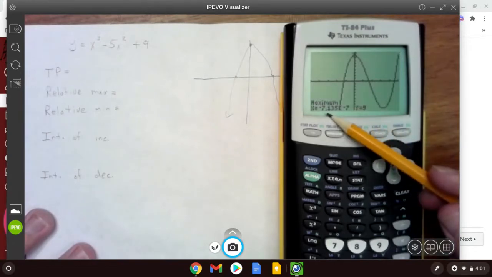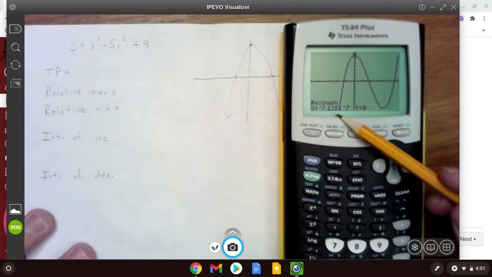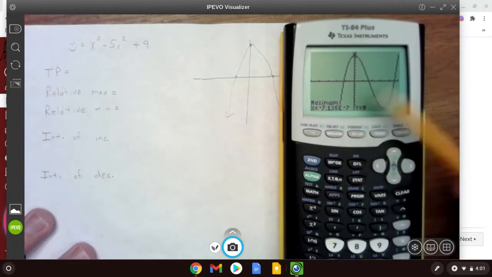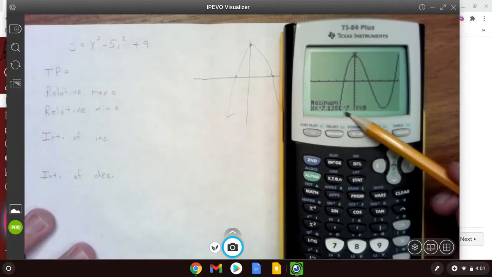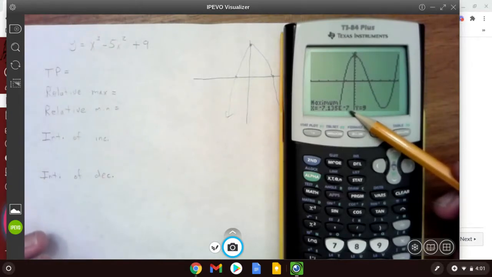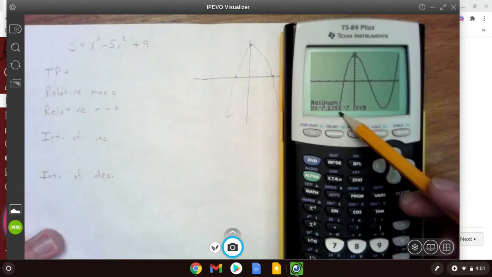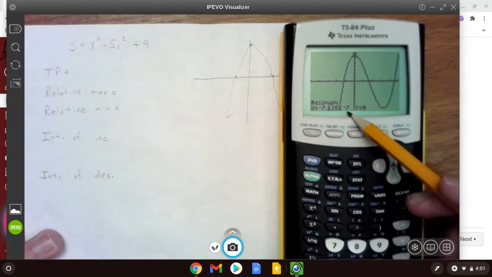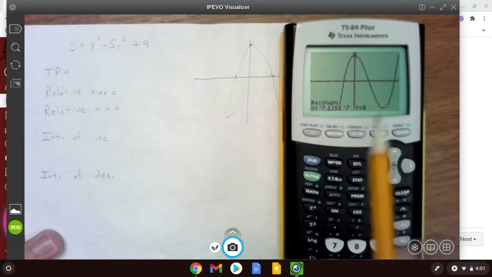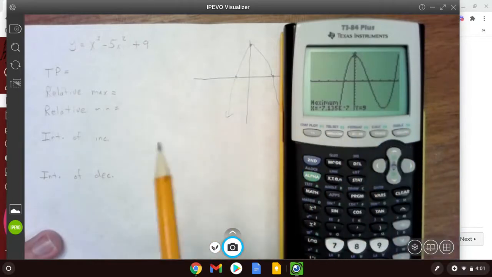So it says -7.135 E. Anytime you see the E with a negative here, that signifies 0, because the E means times 10 to the -7th power. So you're moving the decimal 7 places to the left. So this is 0.